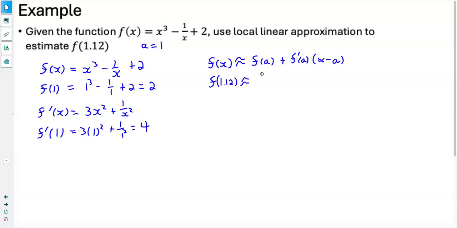That's approximately equal to our f of a, which was 2, plus our f prime of a, which was 4, times our x value of 1.12 minus the a value we used, which was 1. And that gives us f of 1.12 is approximately equal to 2.48.